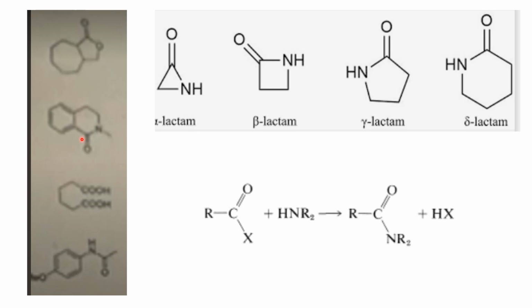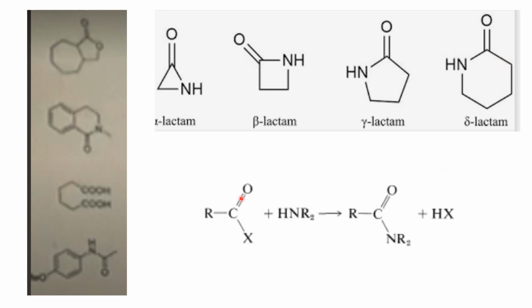Okay, proceed tayo dito. Just like the lactone, lactam naman, cyclic. Lactam is a cyclic amide. Okay. Now, let us recall the synthesis of amide. It comes from acid halide and an amine, and this is the amide.